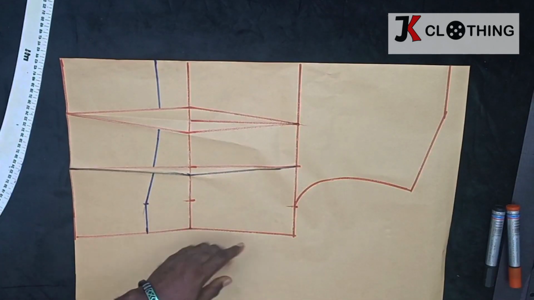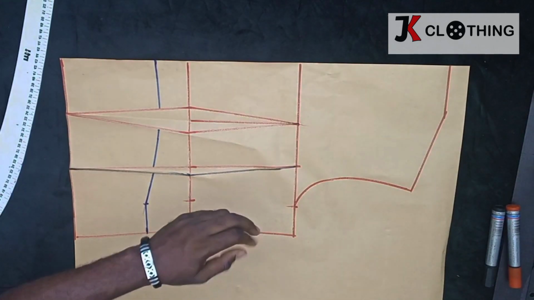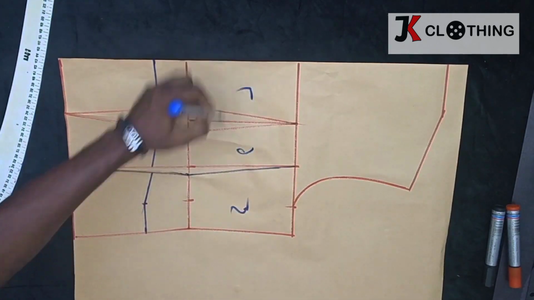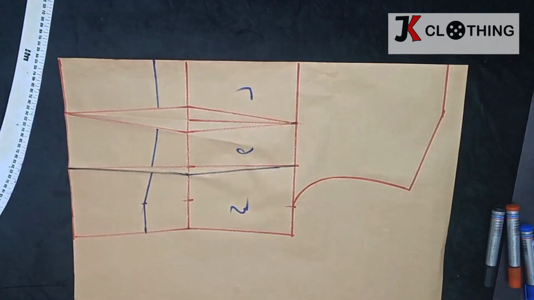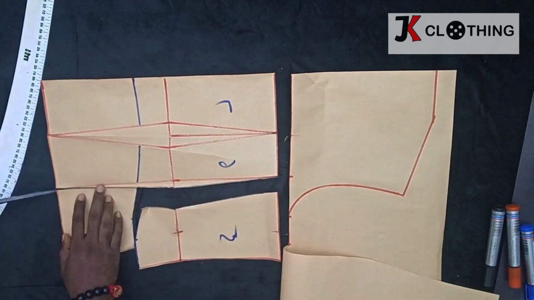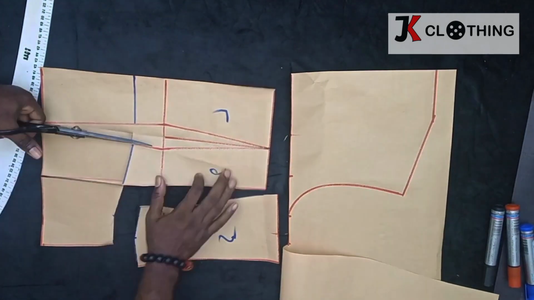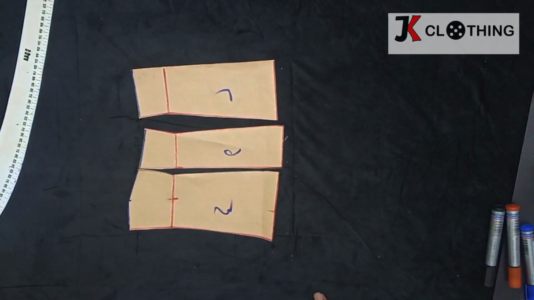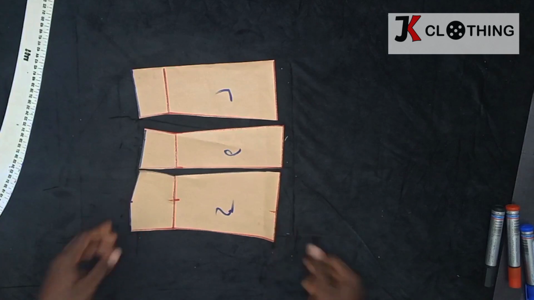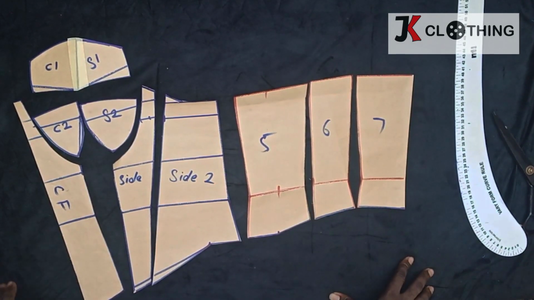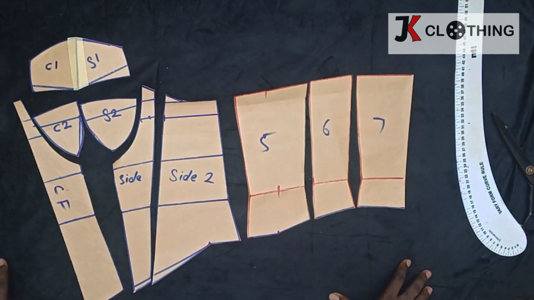Then we'll label this as 5, 6, and 7 and cut them out. And these are our back parting pieces. These are our parting pieces which we are going to use to cut our interface, cut our lining, and then cut our fashion fabrics.